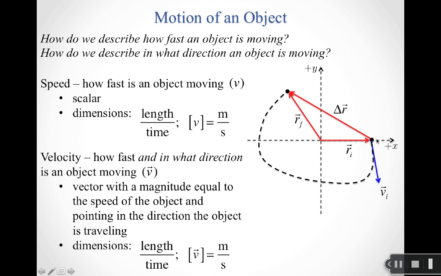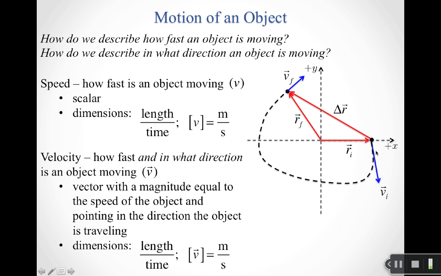So if, let's say at this initial point in time, my object was located there, there's the position vector, but it was traveling at a certain speed that's denoted by this length, right? So the magnitude of that velocity vector will tell you what the speed is, and it happened to be traveling in this direction. At some final position vector, well, now it's traveling in this direction, with a certain speed.